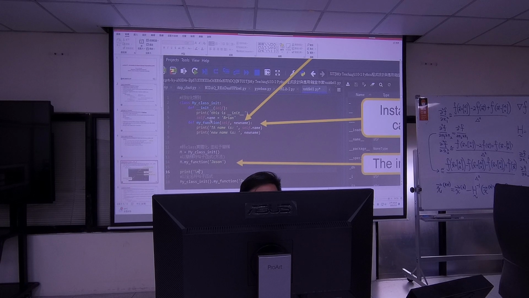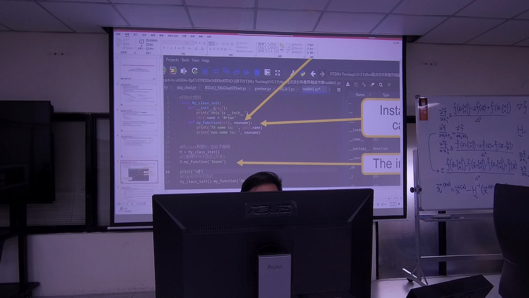So self.name becomes what you provide to Python, which is a person's name, Brian. So self is a local variable inside the class, and it has a child object called name, and this object now equals a string.